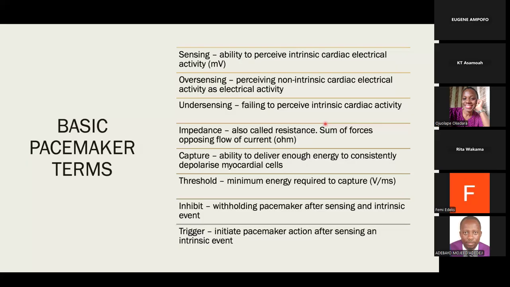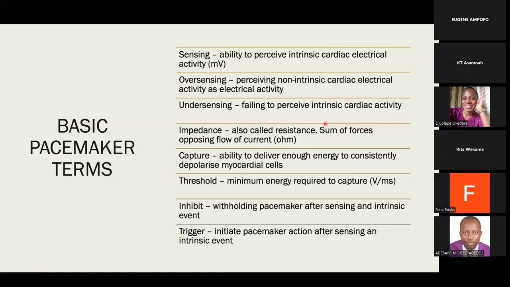To preserve or prolong pacemaker battery life, you want to use the lowest possible threshold. If you have a high threshold, it's delivering much more energy, so the battery is charging the capacitors much more and firing more, and the battery will run out much earlier.